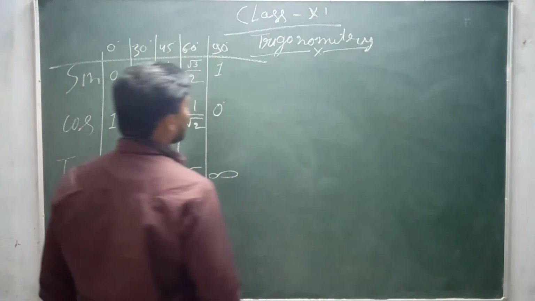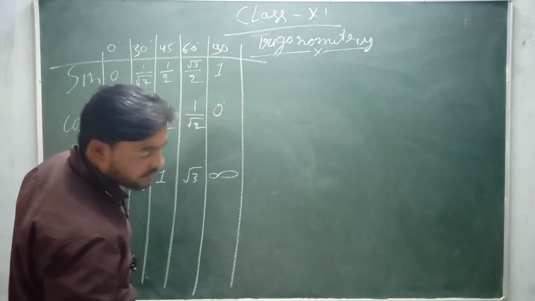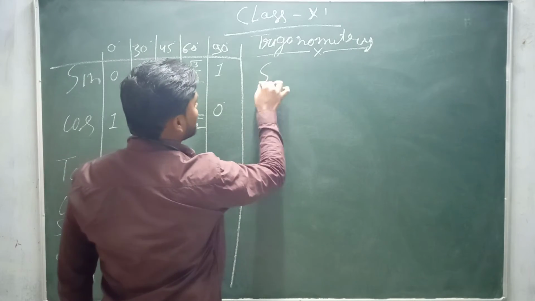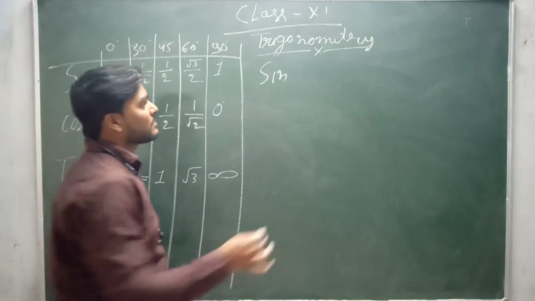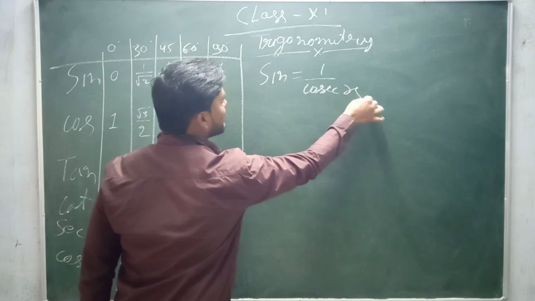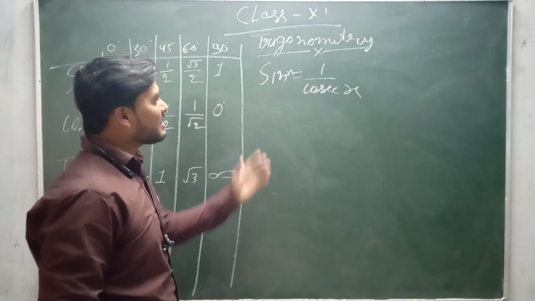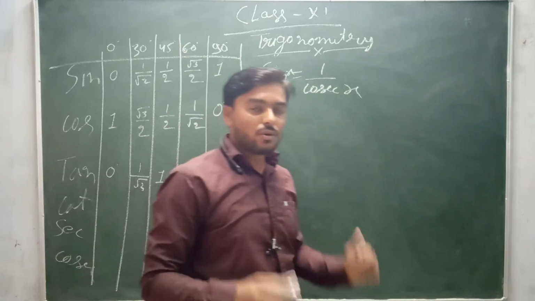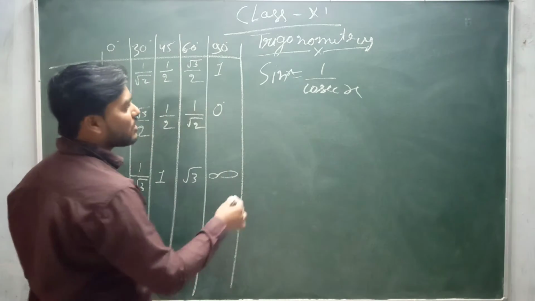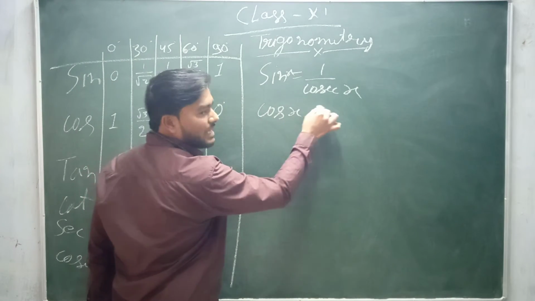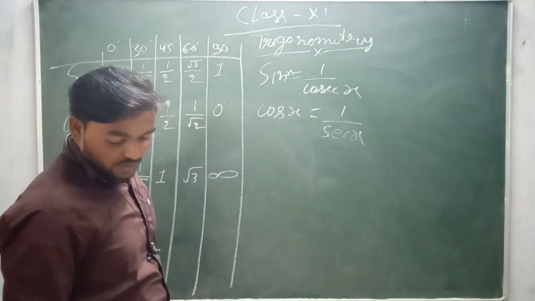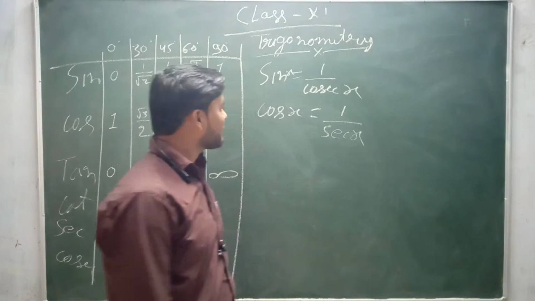Sin x is equal to 1 upon cosec x. Sine and cosec are reciprocals of each other.